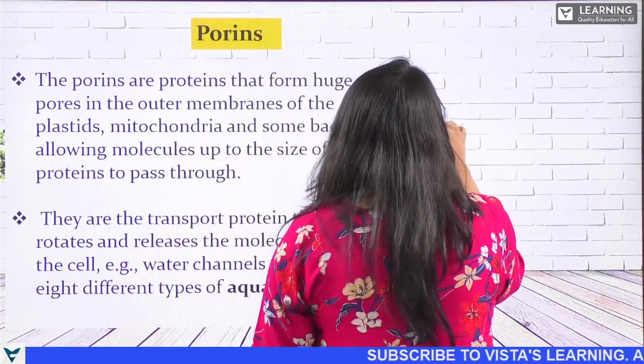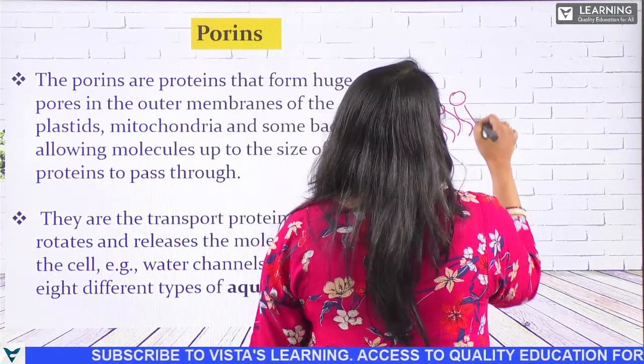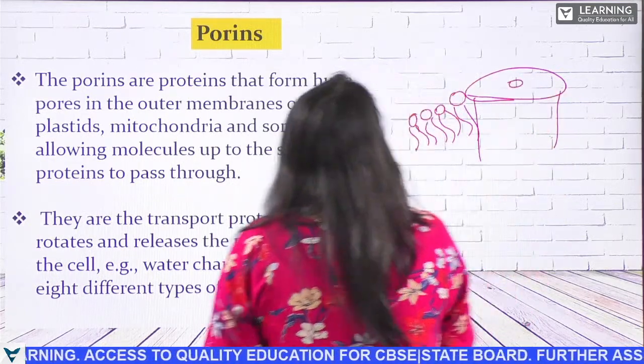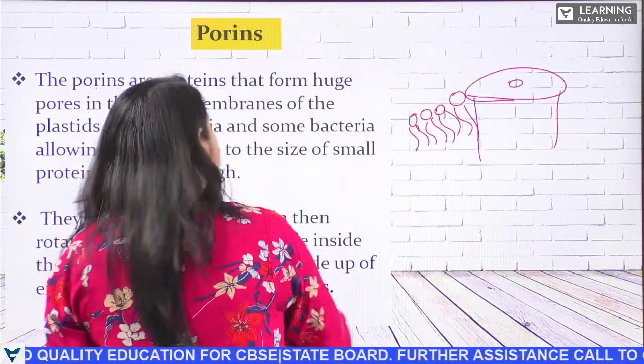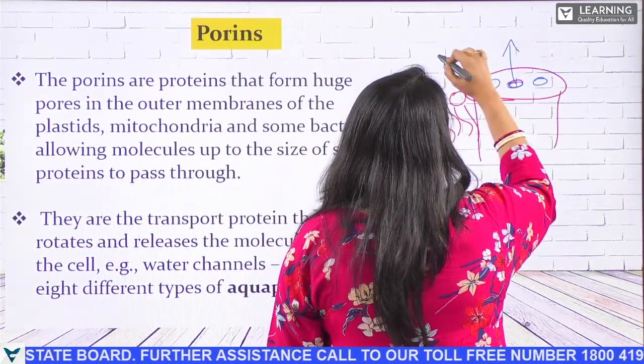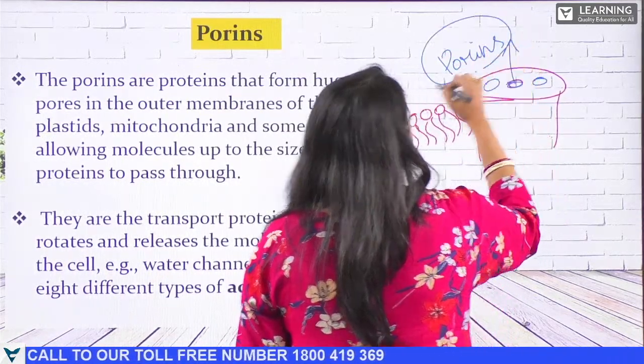See, if this is the plasma membrane and this is the protein, here they will create holes. So these are porins.